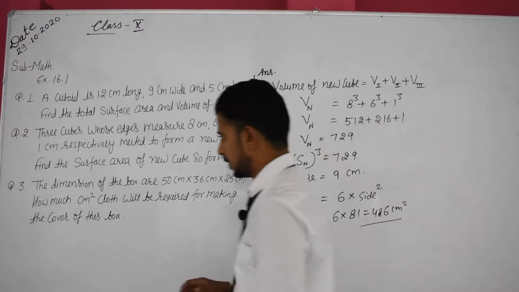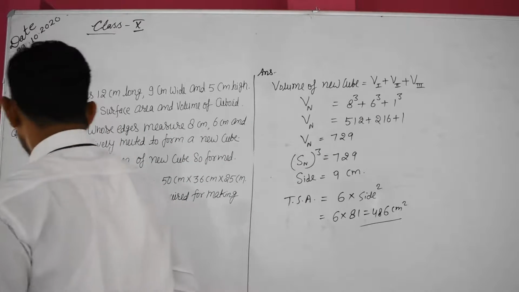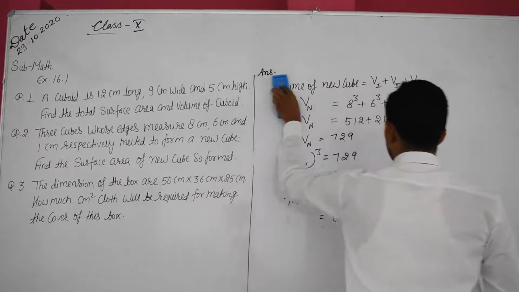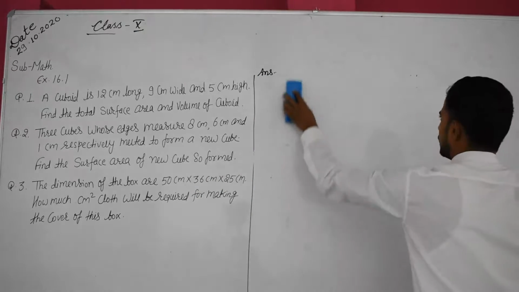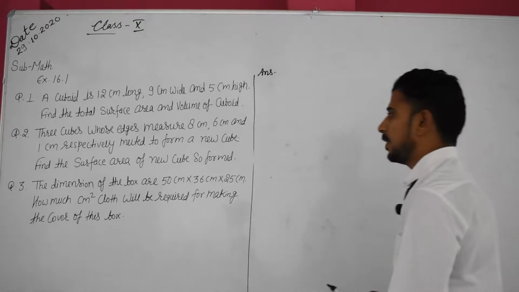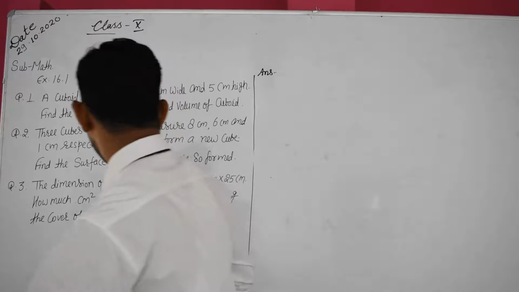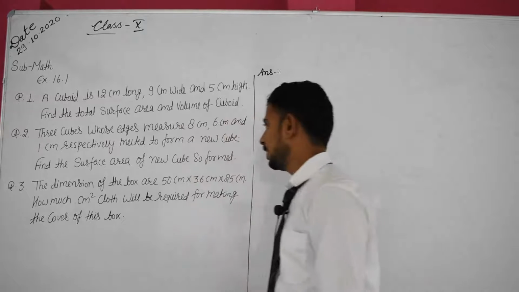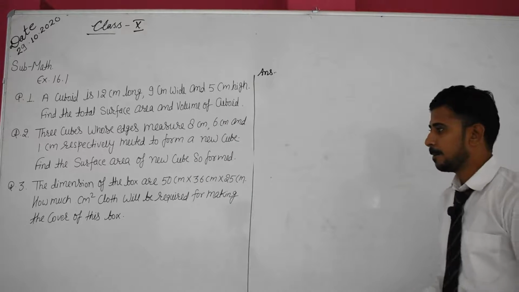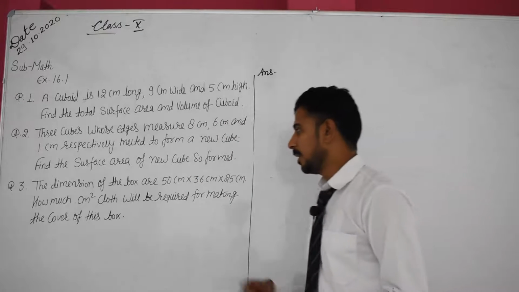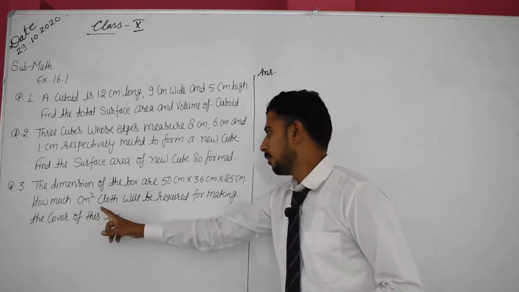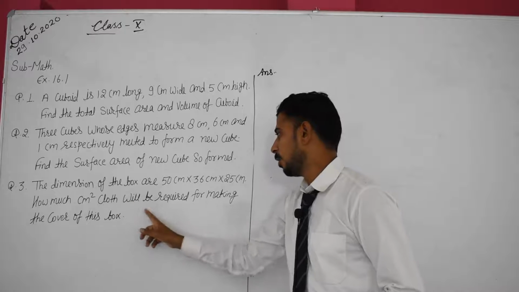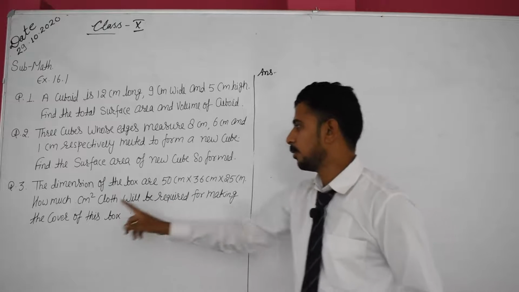Now the next question is question number 3. The dimensions of the box are 50 cm into 36 cm into 25 cm. How much square centimeter cloth will be required for making the cover of this box?